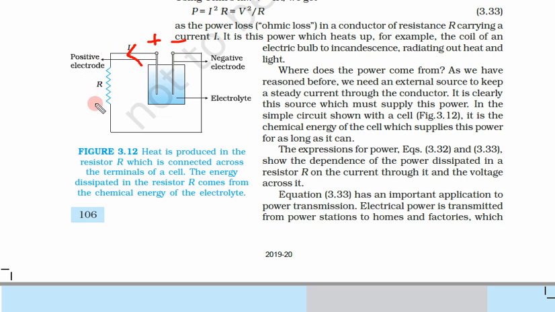Now because of this flowing current, P is equal to IV or I square R, or V square upon R. So there is heating, and this keeps on heating or dissipating heat energy outside as long as this battery supplies some power. So this is the power supplied by the battery or some kind of power outlet.